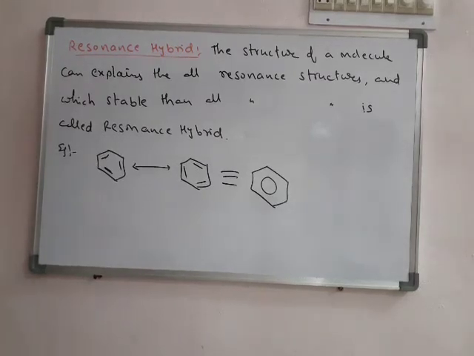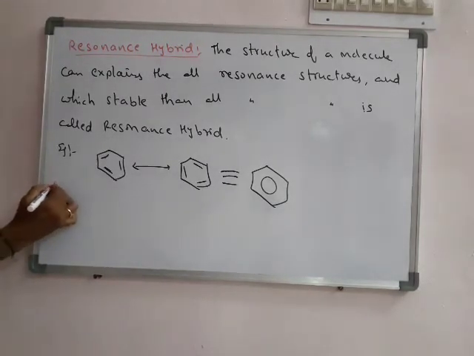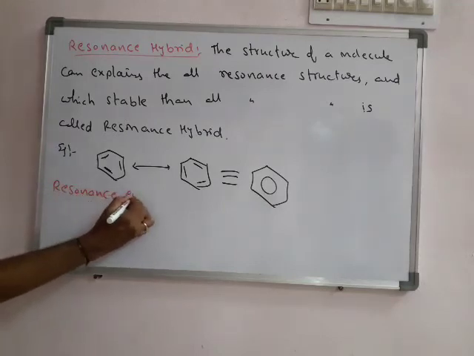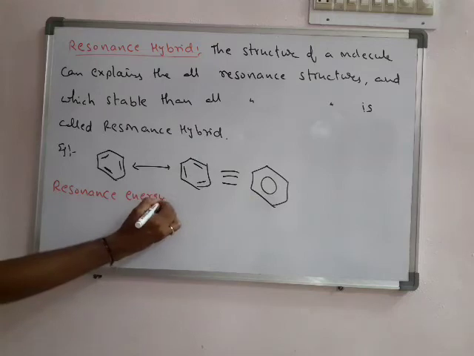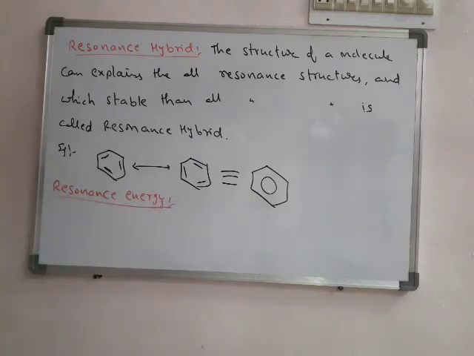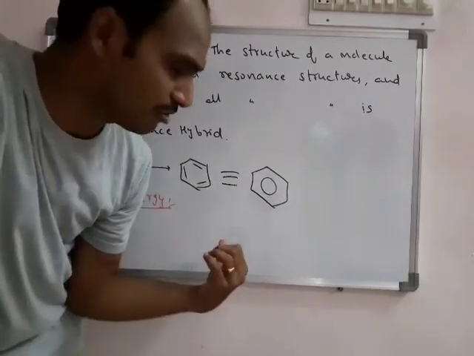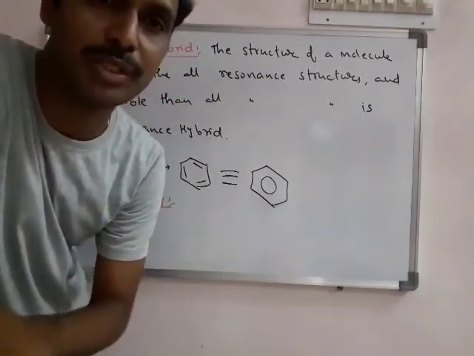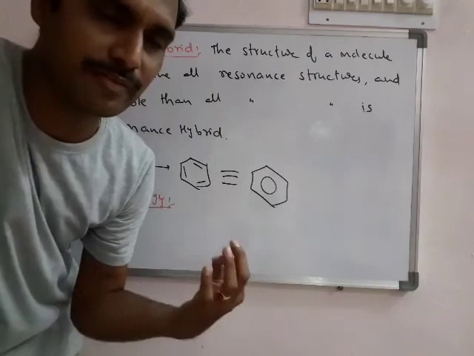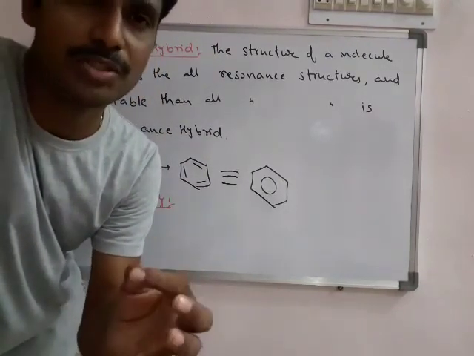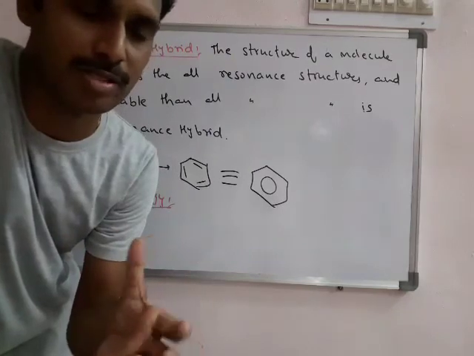Next, one more important thing is resonance energy. So what does resonance energy mean? We know that the different structures present for a molecule are formed only due to the movement of pi bonded electrons.